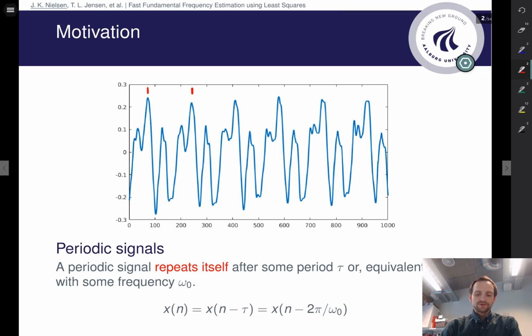Tau is equal to 2 pi divided by omega 0, where omega 0 is what we call the fundamental frequency. The talk today is really about when we get a signal like this, how can we estimate the delay tau, or equivalently the fundamental frequency omega 0.